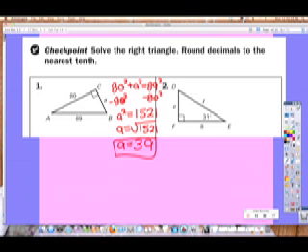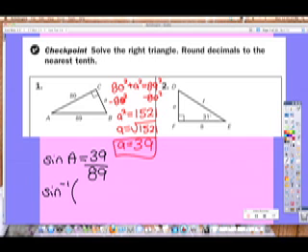So let's do A. How about just, I don't know, the sine of A? So sine of A, opposite over hypotenuse, is going to be 39 over 89. Now we're looking for an angle. So all you do is you pull up the inverse, make sure you're practicing the inverse. It pops up a parenthesis. Guys, how are you going to do 39 over 89? What does this line stand for?